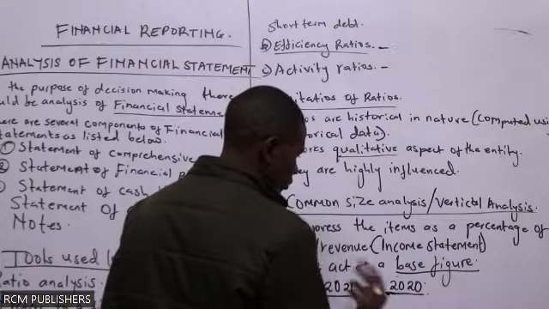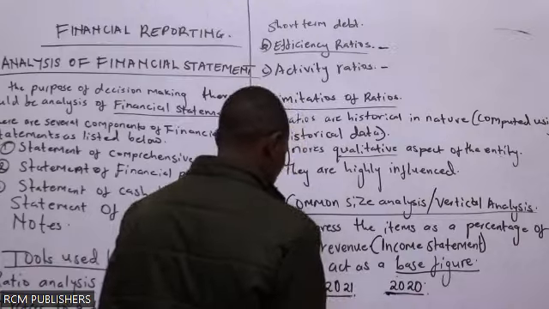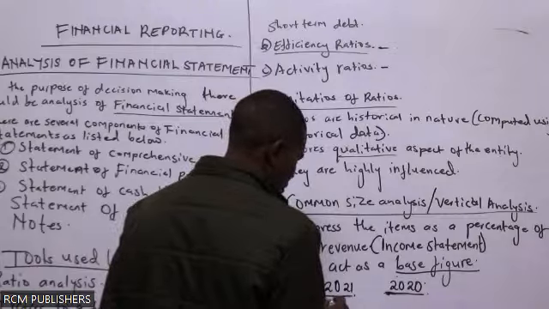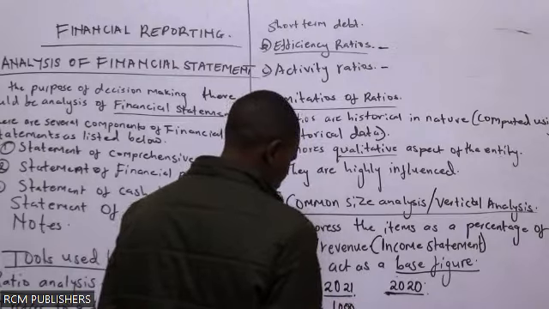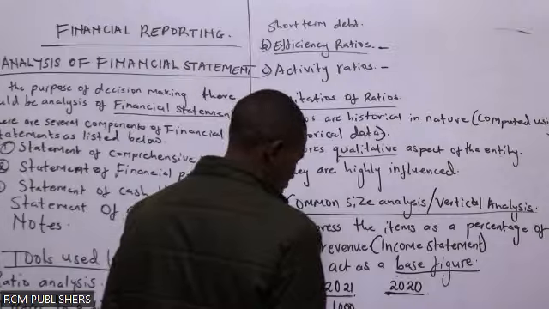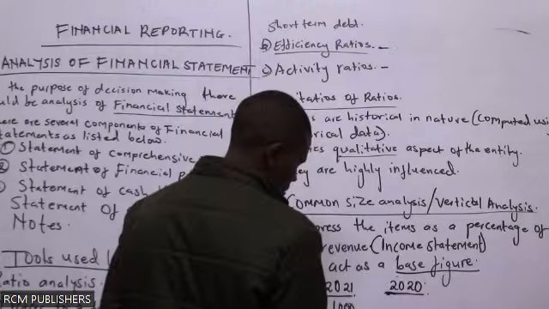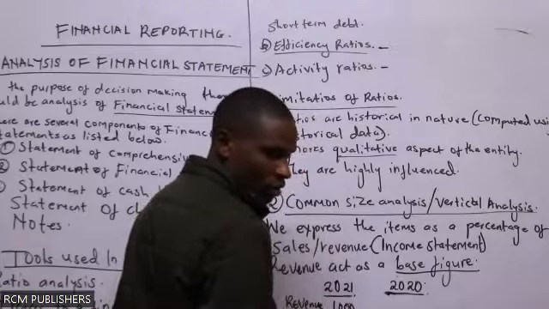I can as well use 1 year, no problem. So revenue ama sale. Remember, ikisema revenue ama sale ni sawa. Hapa tulikuwa na 1000. Cost of sale nilikuwa na 500. Sasa hapa nitakuwa na my gross profit.